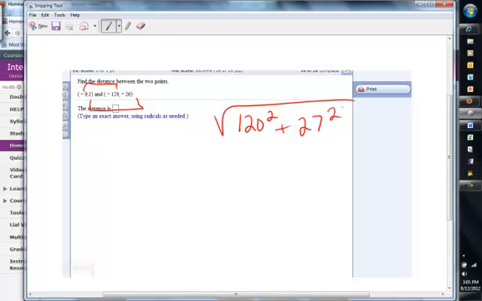So on our calculator, we would press 120 squared plus 27 squared equals, I get 15,129. If I type the square root of that answer, I get 123.